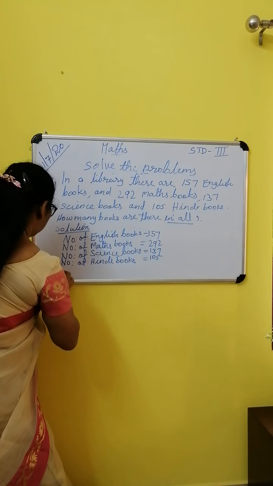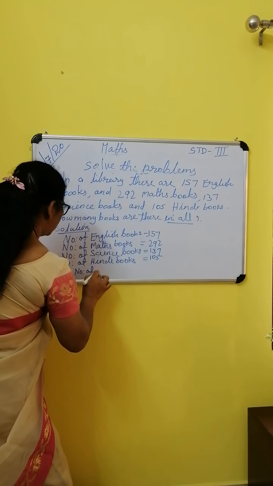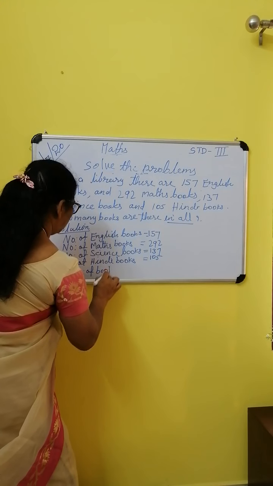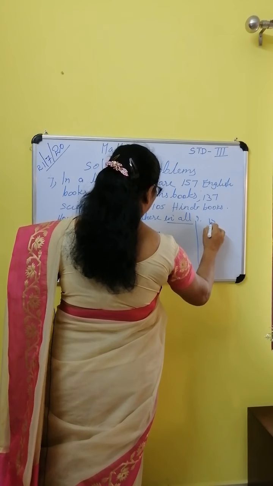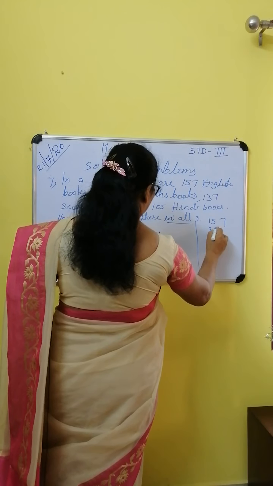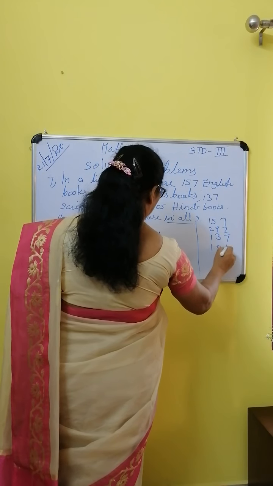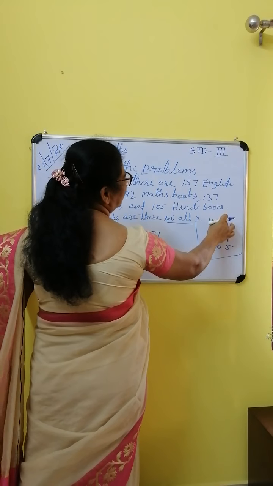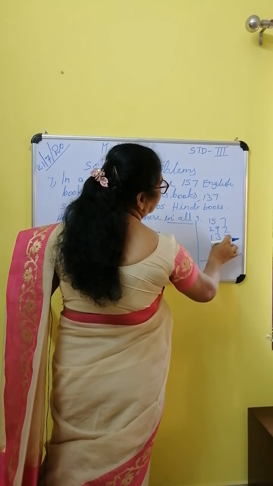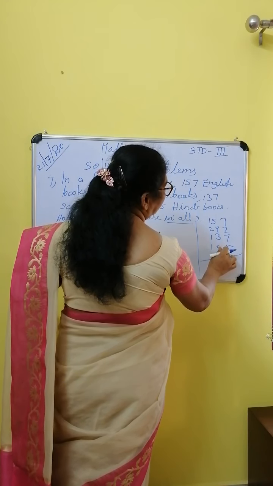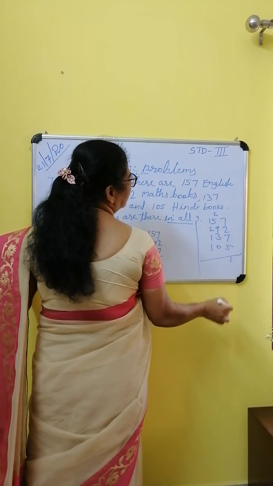Total number of books equal altogether 157, 292, 137, 105. 7 plus 5, 9 plus 7, 16 plus 5, 21. 2 remainder.